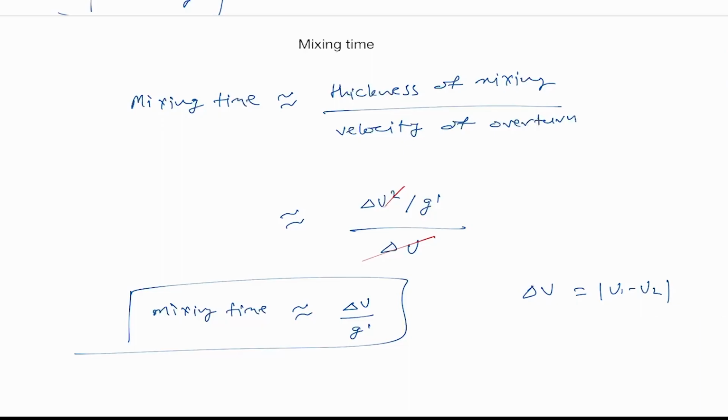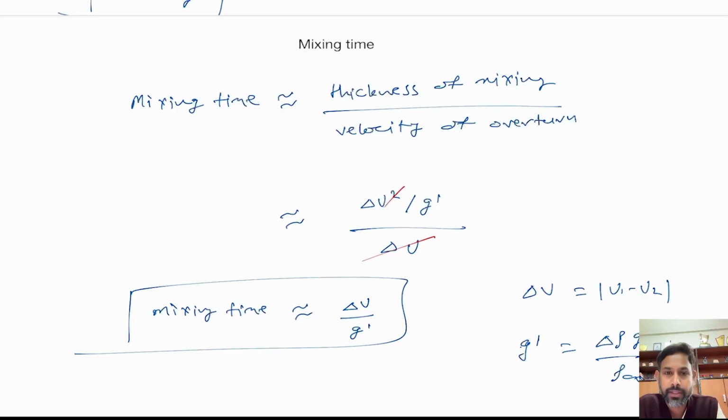So again, we do not care whether it's negative or positive, and g prime is delta rho g over rho infinity. Okay, so this will roughly give you the time required for the mixing that we achieve, and this value is usually not very large. Okay, this is fairly small.